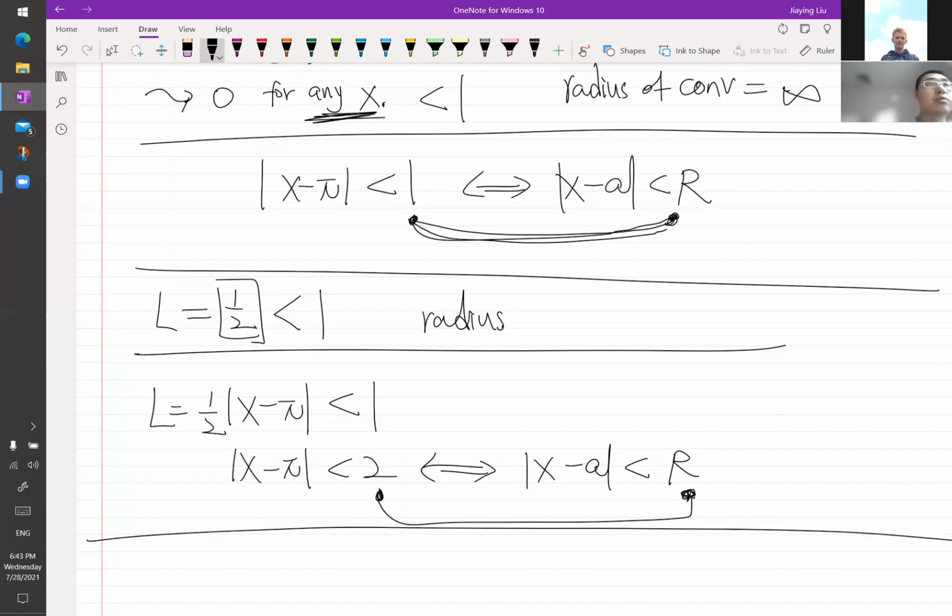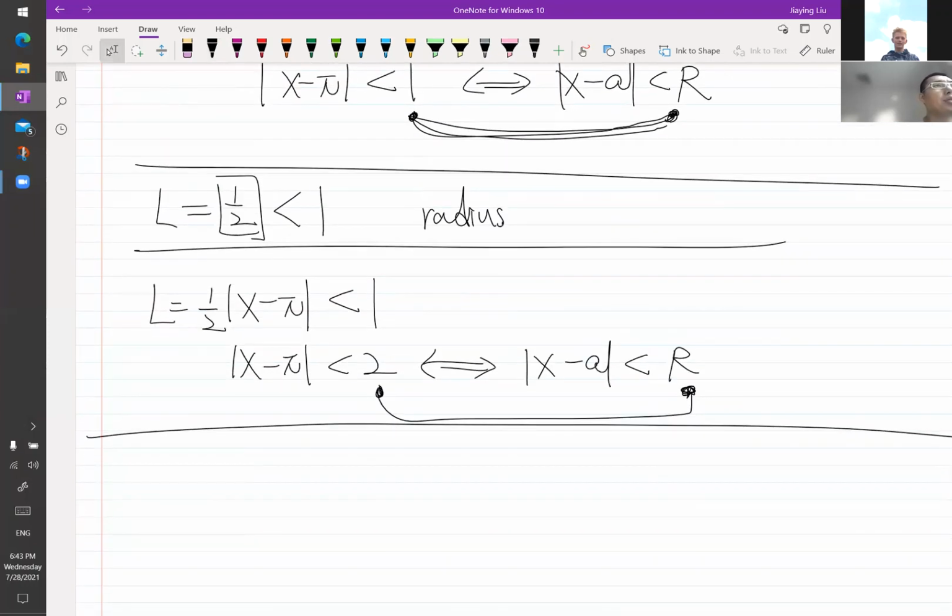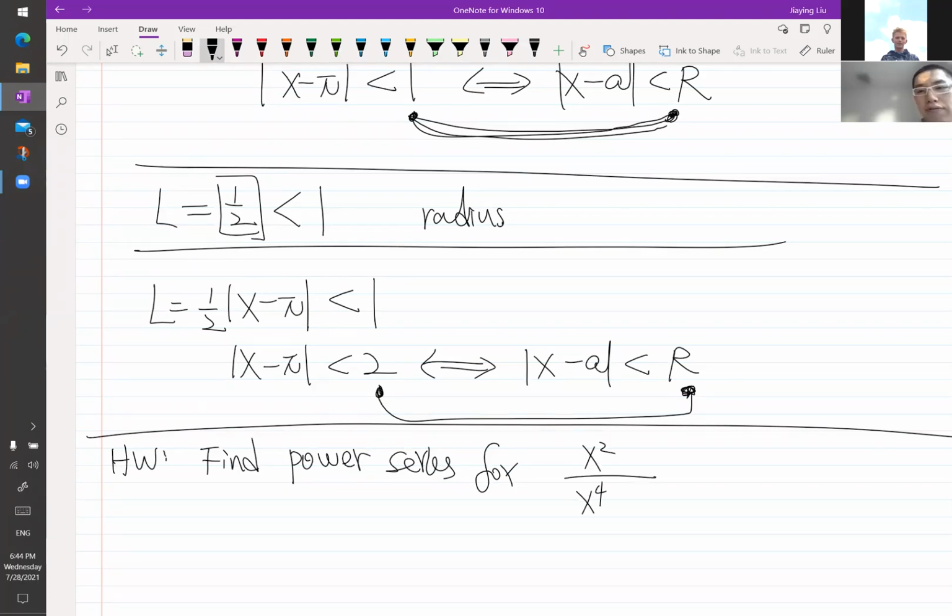All right, so Daniel has a question about power series. The question is, find the power series for x squared over x to the 4th plus 16.